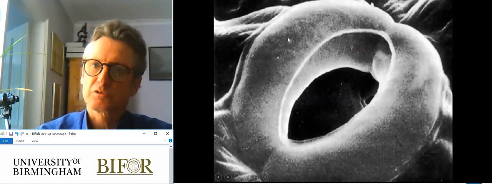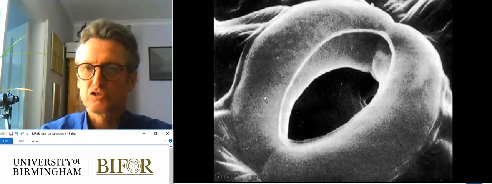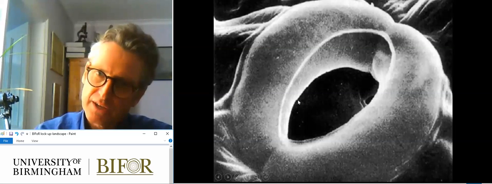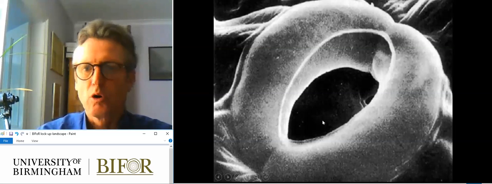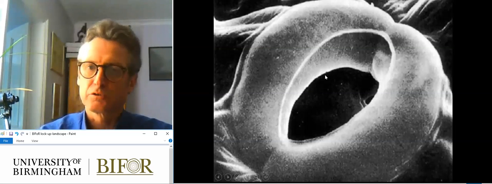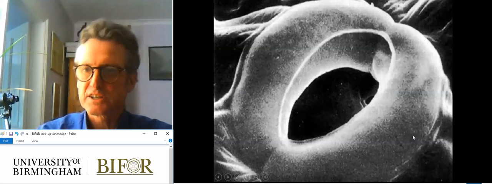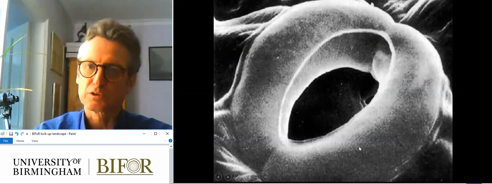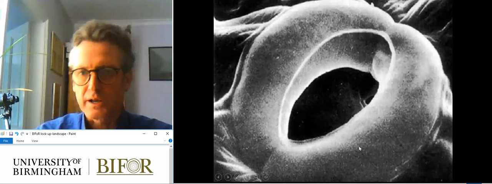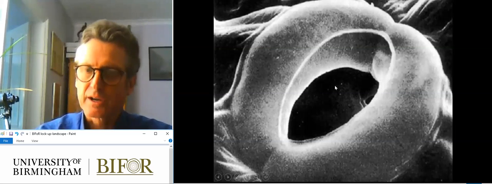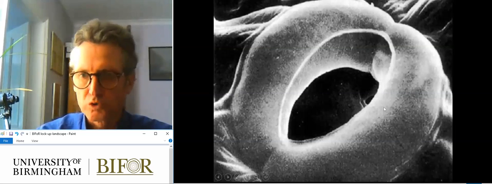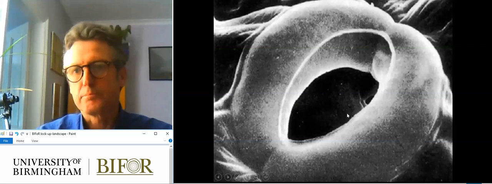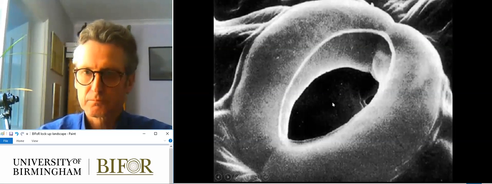The mechanism by which this happens is there are two sausage-shaped cells which form the pore, and on the inner side of the pore, the cell walls of those cells are thicker. And so when they take in water by osmosis and their turgor pressure rises, they swell asymmetrically, allowing that pore to form. And of course, if water leaves, the cell wall here will pull that pore shut.